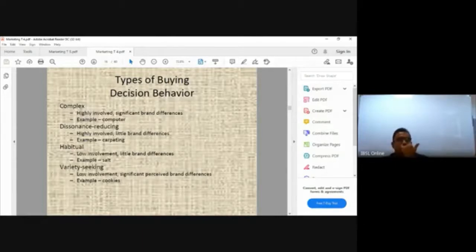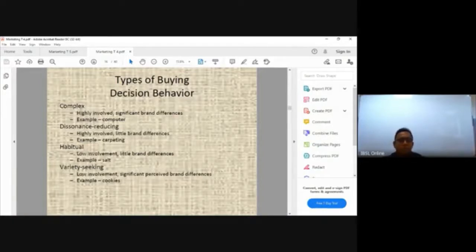Habitual buying is where you just buy because it's not an expensive item, maybe salt or sugar, very low involvement. You just go to a supermarket and buy. And variety seeking buying behavior is low involvement with significant perceived brand differences.